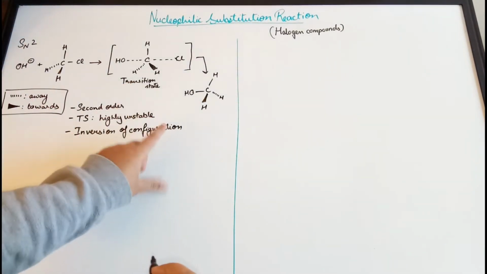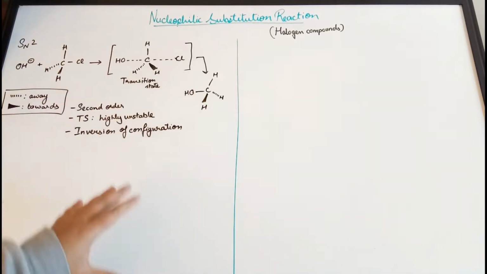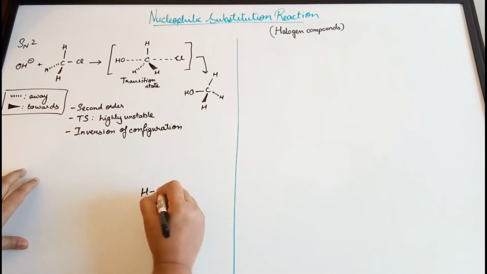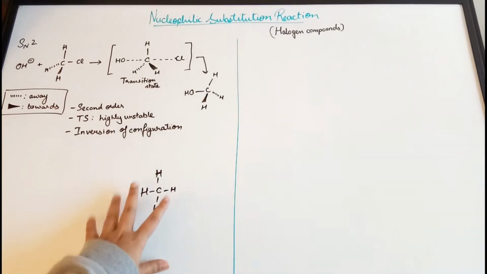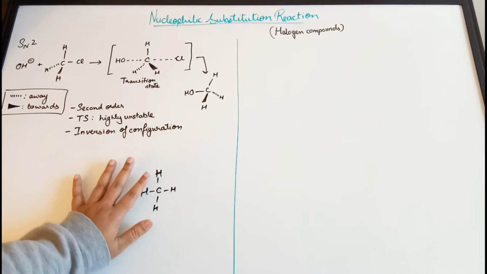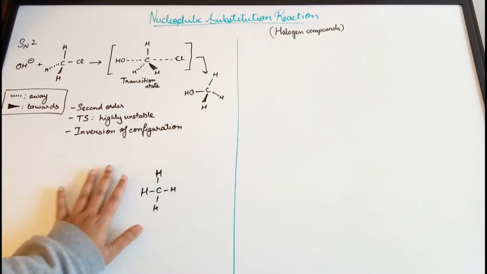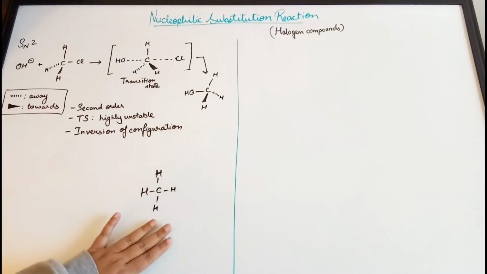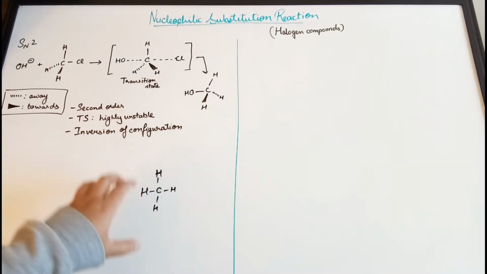First of all, let's understand what the word configuration means. Now we know that when we write CH4, this is the CH4 molecule, which means it's methane. The carbon and the hydrogen atoms are not arranged like this in three-dimensional space.